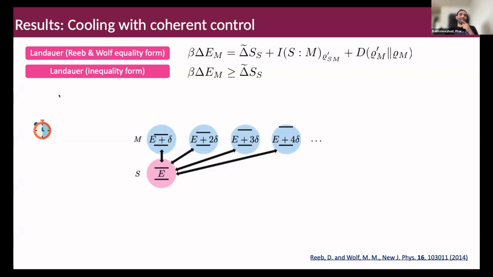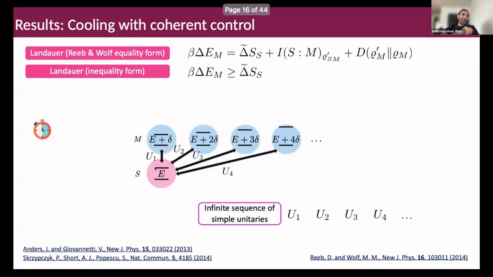By doing this, if n goes to infinity and delta goes to 0, then you can reach the Landauer cost. Since your system is at each step interacting with one machine, you just have finite control, but the time is infinite.